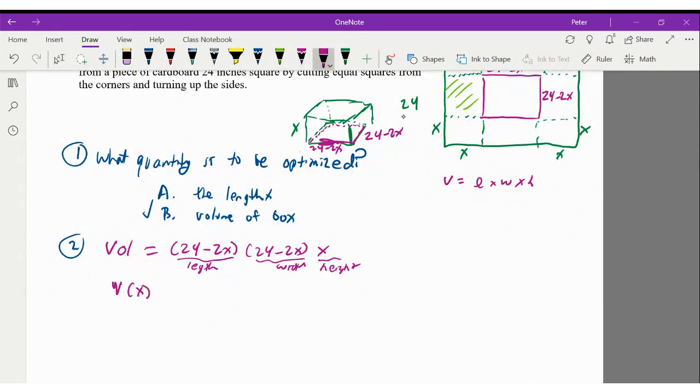So V of x is going to equal 24 times 24, which is 576. These come out to minus 96x, plus 4x squared, and that's all times x, which gives us 4x cubed minus 96x squared plus 576x. So that's the objective function in this case.